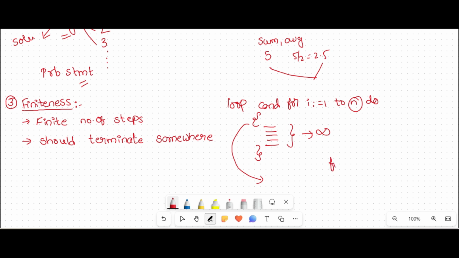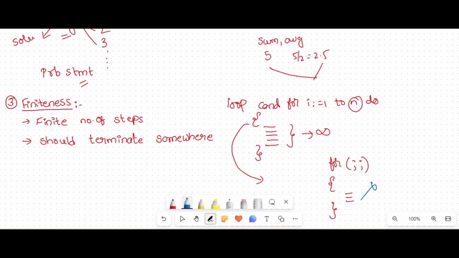For example, if I have written for, and here I am not writing any condition, generally we will write semicolon in programs if there is no initialization or condition checking or increment or decrement. Then if we have written like this, when will this for loop terminate, when will the execution of these statements terminate? It will not terminate.